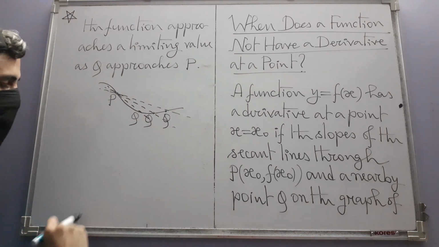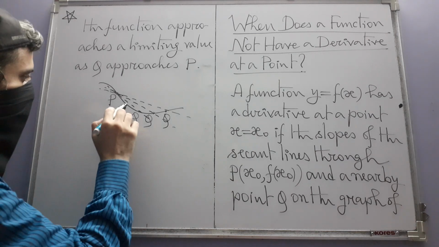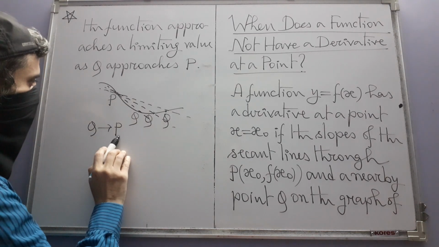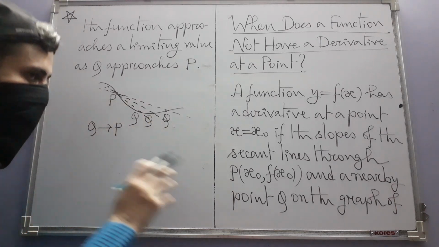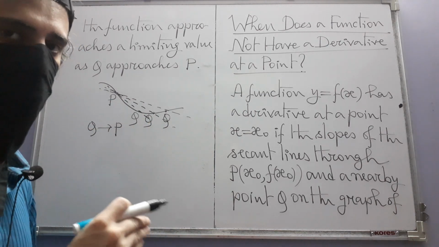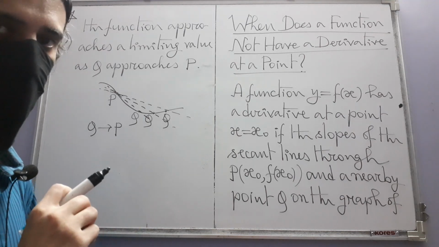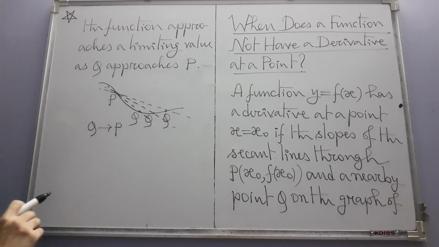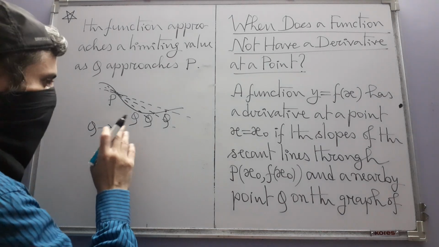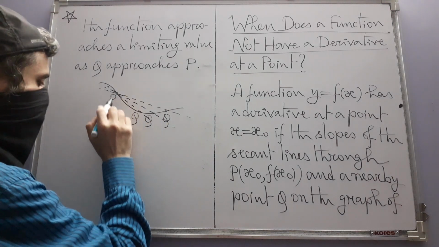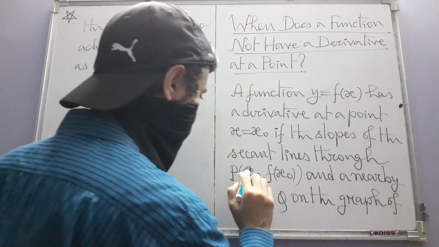So the secant line also changes in the limiting position as Q approaches P. These secant lines all have their slopes. So those slope values should approach some limiting value, some real number. If they do, then we say that the function f is differentiable at this point.